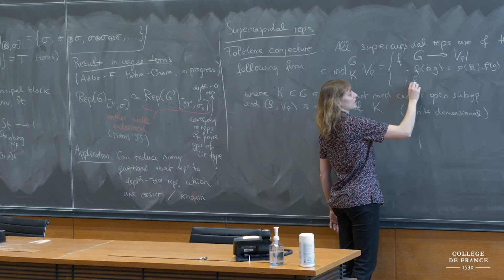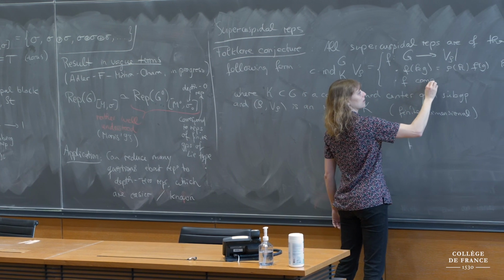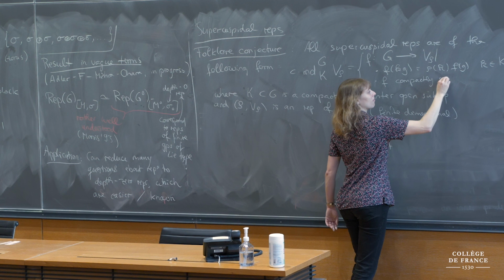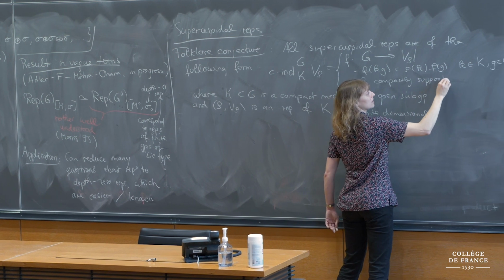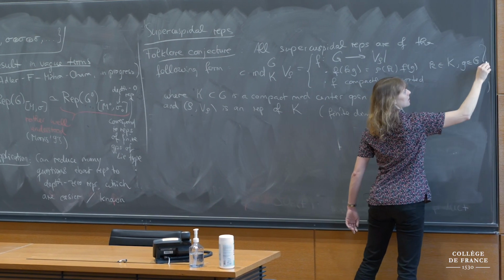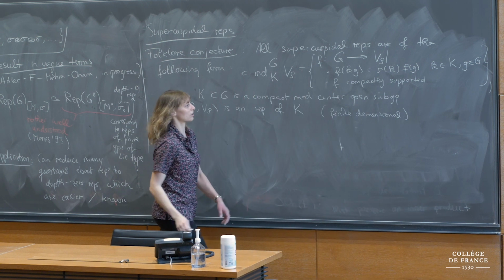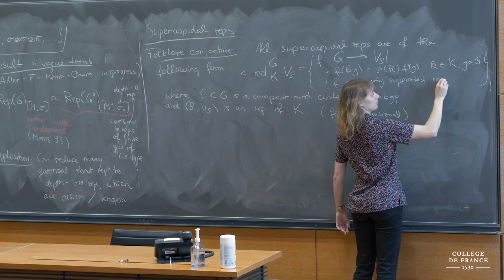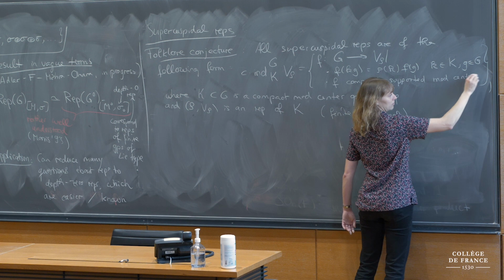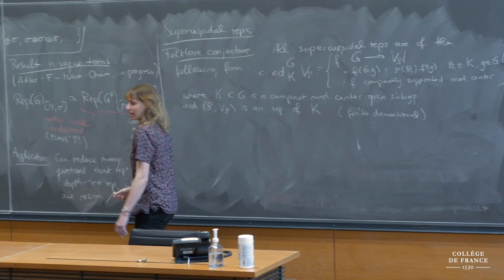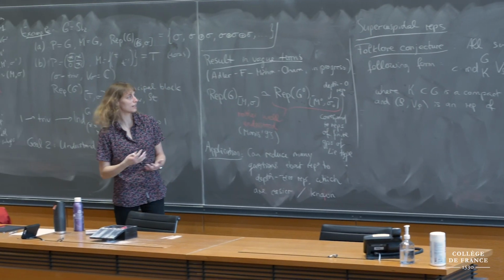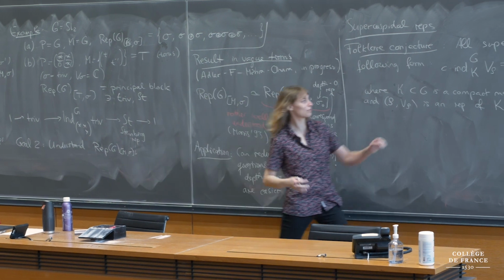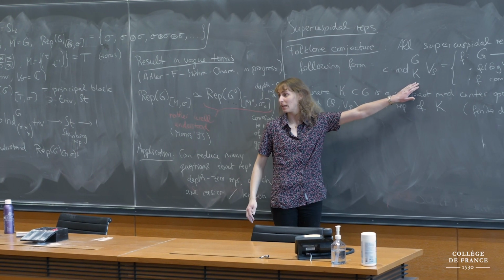And then compact induction means that f is compactly supported. The smoothness condition is automatic, so I'm not writing it this time. So these functions should be all compactly supported mod center. So that's the compact induction. It's very similar to parabolic induction, except we don't induce from a parabolic subgroup, but now from a compact subgroup.